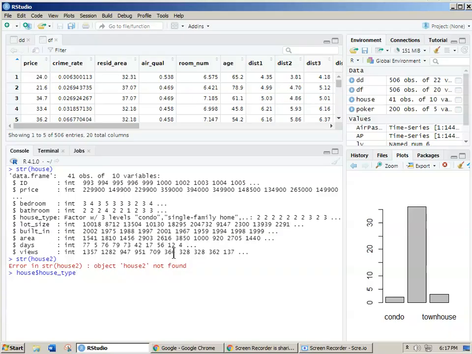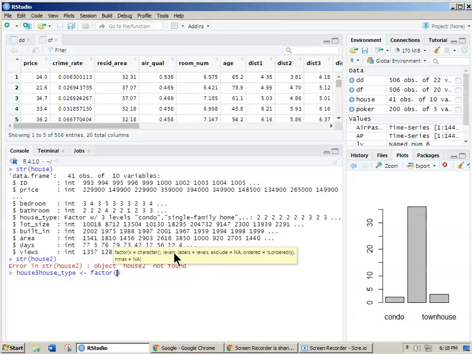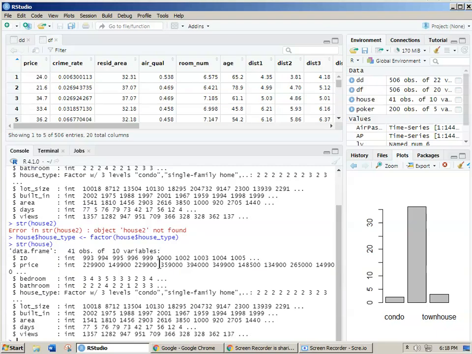So we do that: the assignment operator, then the keyword factor, and then our variable house$house_type. And then we turned it into a factor. Well, it was already a factor, but let's look at it again. Structure, house, and of course it's factor.